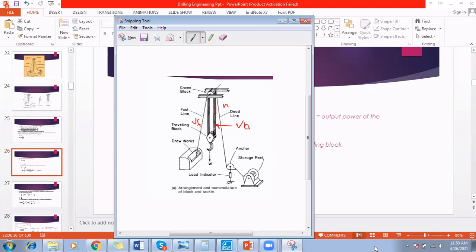Now you can see that this whole velocity is divided into different N lines. So if you take the product of N and VB, it will be equivalent to VF. Got it? Because this whole VF is divided into N lines.